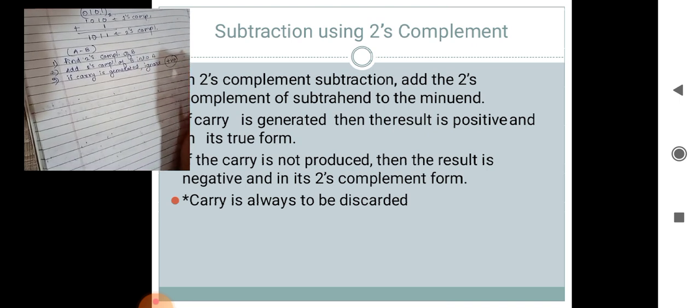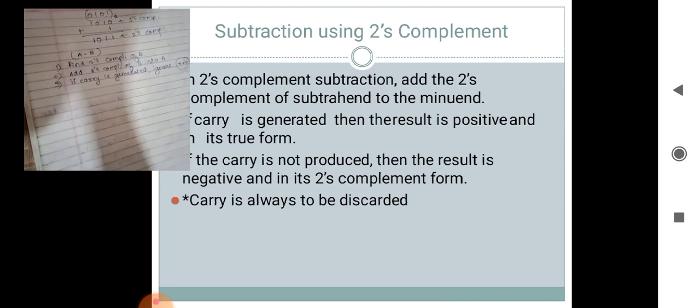So whenever carry is generated, always consider the answer positive.